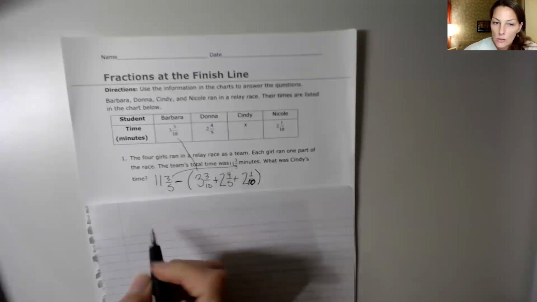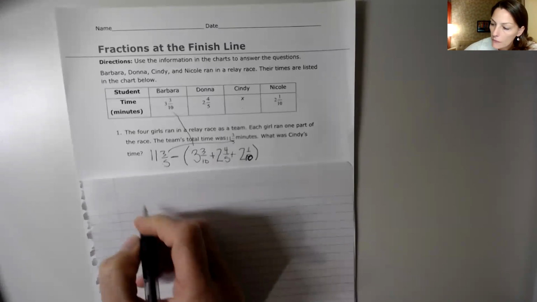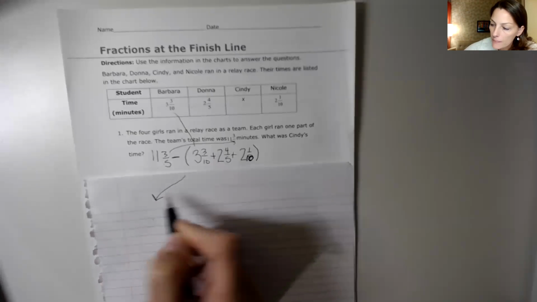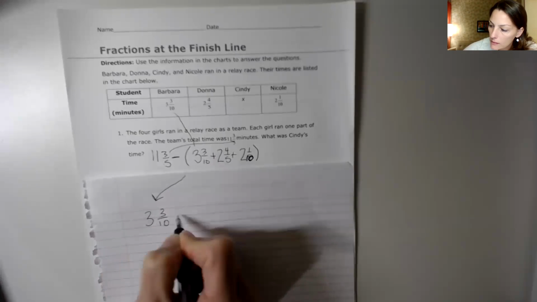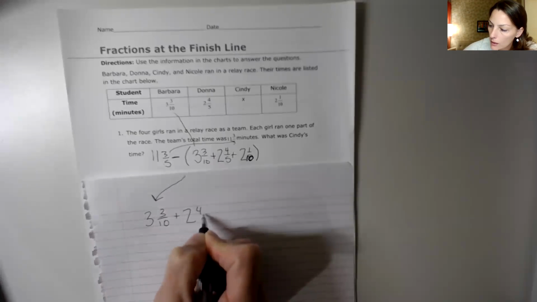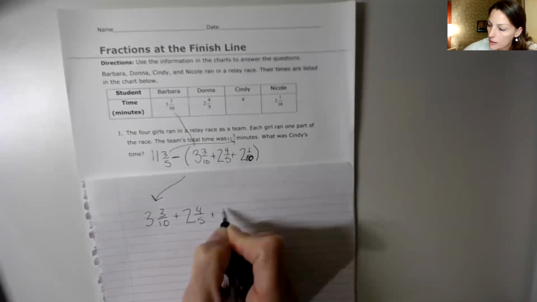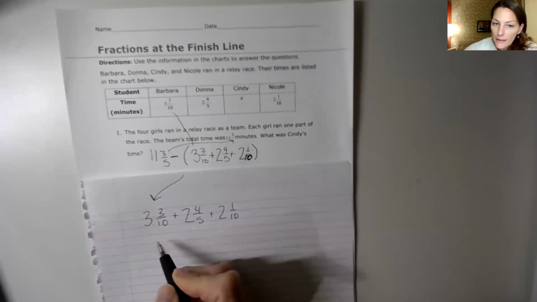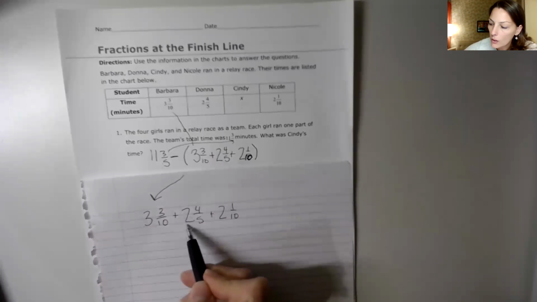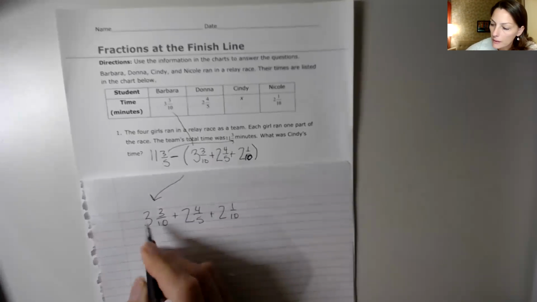All right, so I'm going to do this on a separate sheet of paper here. First, I'm just going to do that part. Okay, so I'm going to do 3 3/10 plus 2 4/5 plus 2 1/10. To add these fractions, I'm going to pull out the whole number of the mixed number.